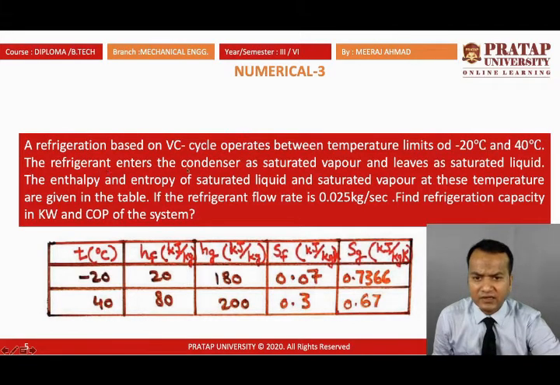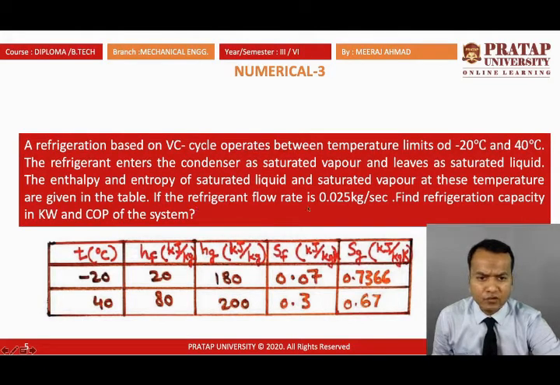The refrigerant enters the condenser as saturated vapor, which means the outlet of the compressor is saturated vapor, and leaves as saturated liquid, so the exit of the condenser is saturated liquid. The enthalpy and entropy of the saturated liquid and saturated vapor at these temperatures are given in the table: at minus 20 and 40, the different values of HF, HFG, SF, SG are given.